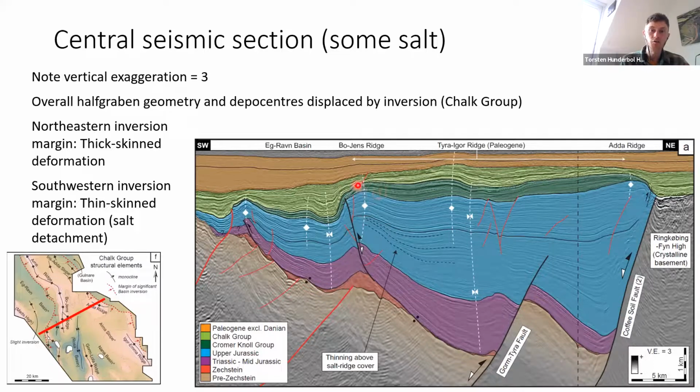And interestingly enough, we see small extensional faults at the very crest of the structure that seem to have affected the reservoir here. So I guess in the end it's not a very successful reservoir, but it's successful enough that it's worth looking further into.